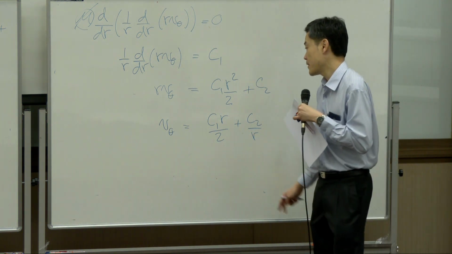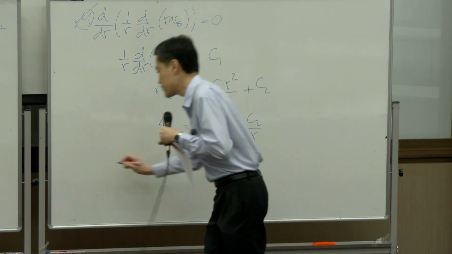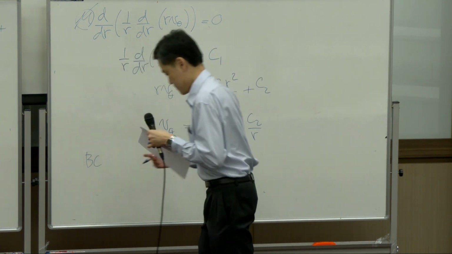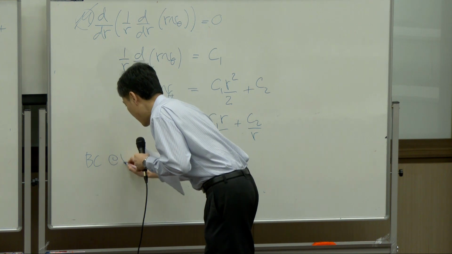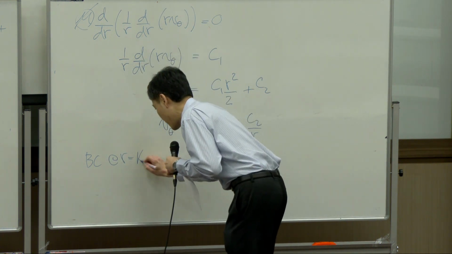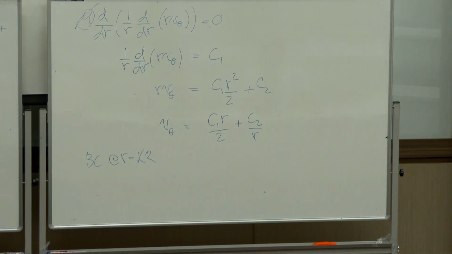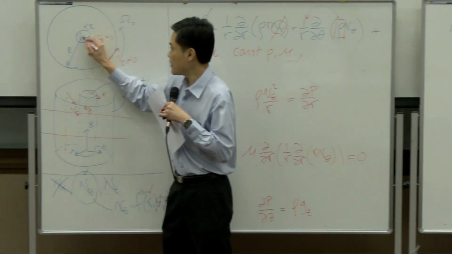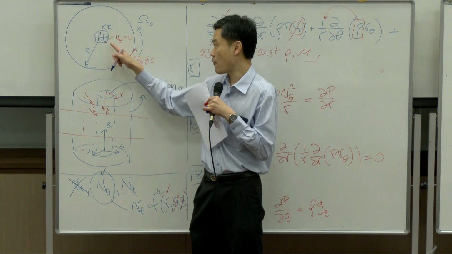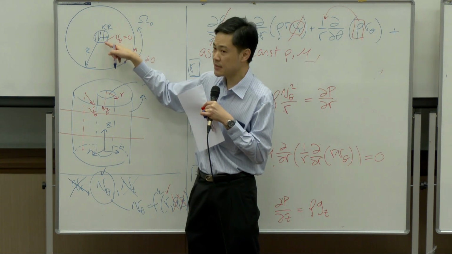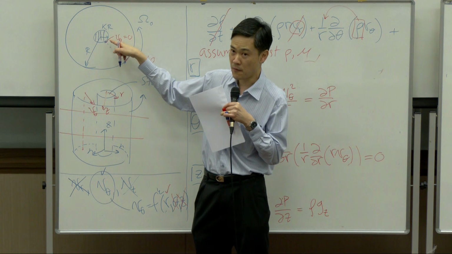Okay? So from here, I need 2 boundary conditions. The boundary would be at r equal to kR, which is inside here, because this rod is stationary, and therefore velocity at this interface is supposed to be 0.